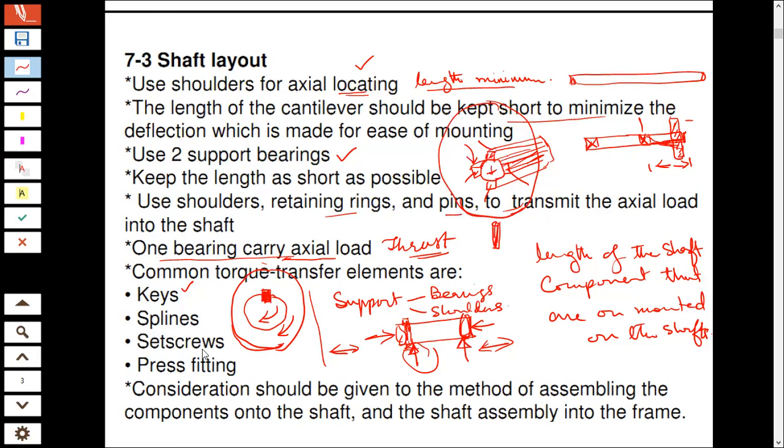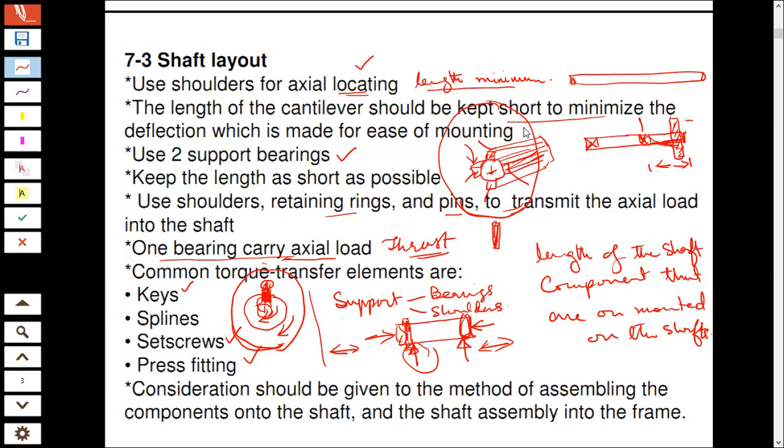Okay. You have set screws. If you look at the hub of a pulley, there is a screw that you would put in, and that is known as a set screw. That would go into this pulley and then into the shaft a little bit. You can have a press fit, like a shrink fit, on a shaft.